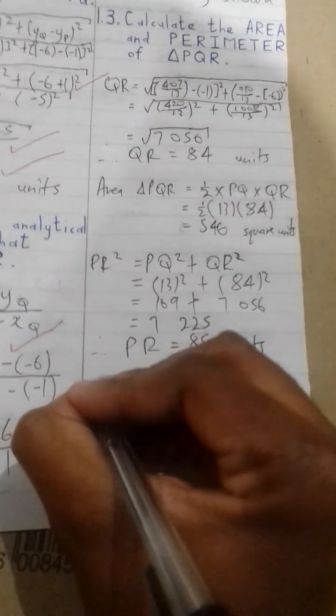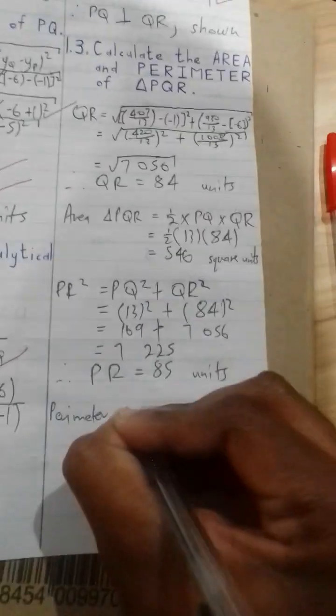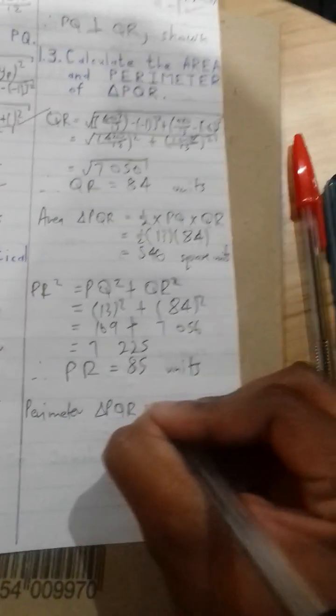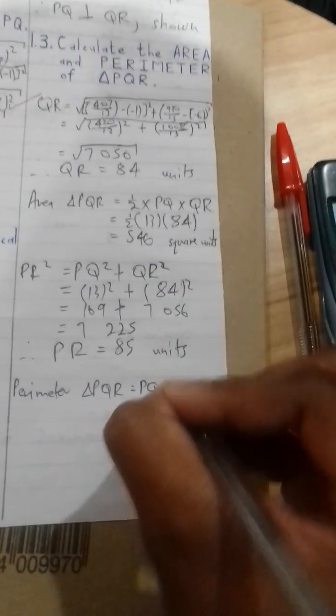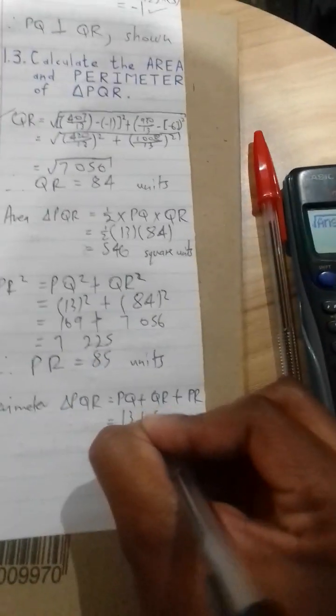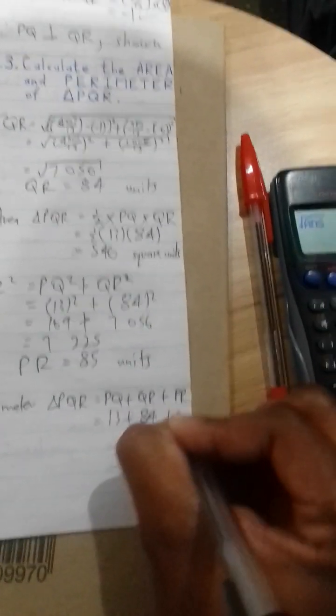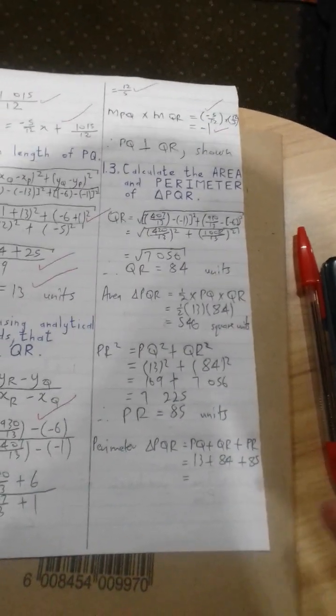So the perimeter of triangle PQR is PQ plus QR plus PR. PQ is 13, QR is 84, PR is 85. That's 182 units.